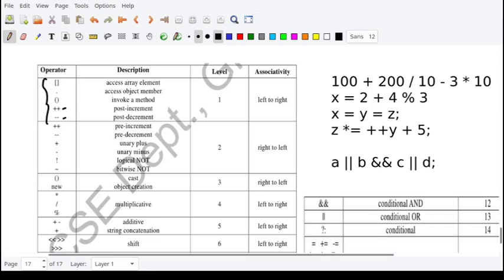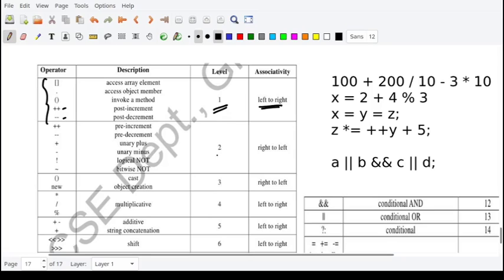Okay, so this is post increment and this is post decrement. So they have the highest precedence and their associativity is from left to right. That is, if there is more than one operator appearing in the same expression with the same precedence, then you will evaluate it from left to right.